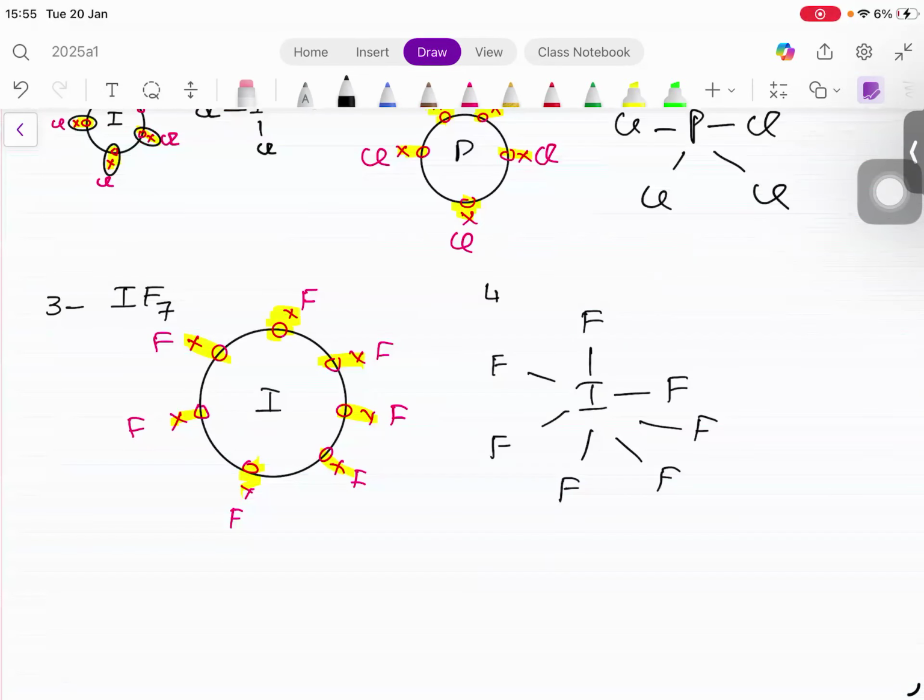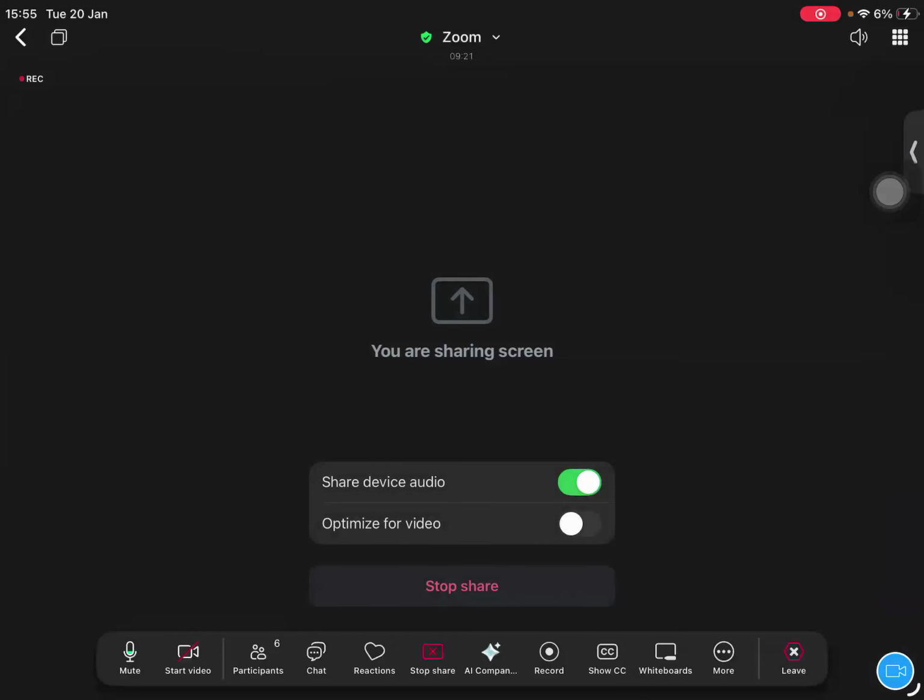Number 4, the next one, SO2, sulfur dioxide.